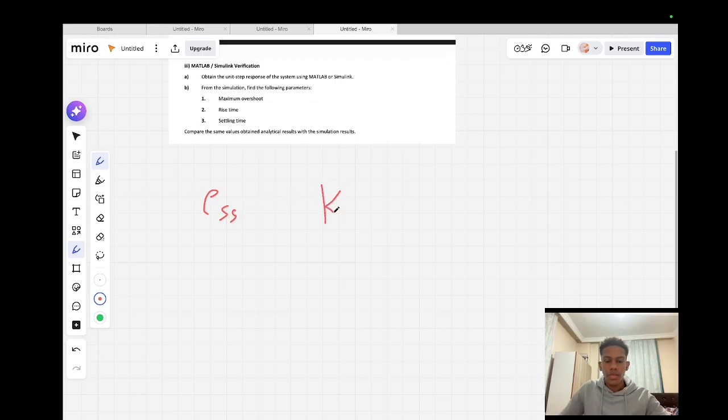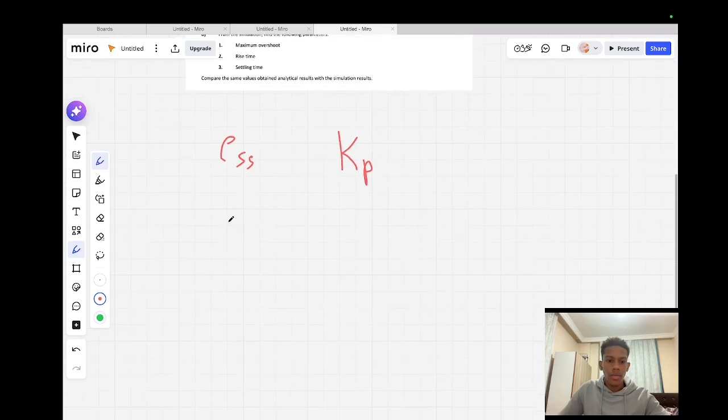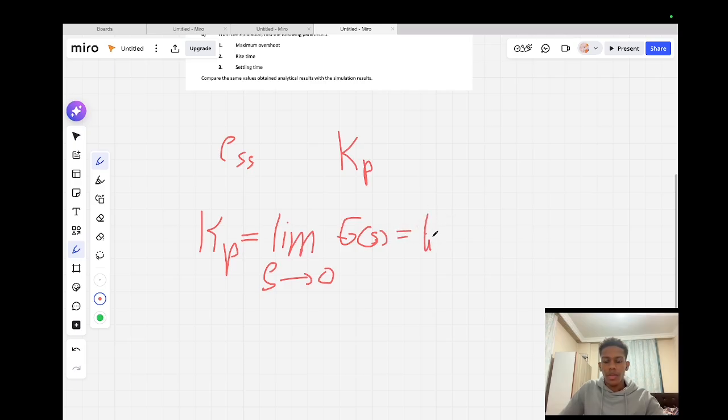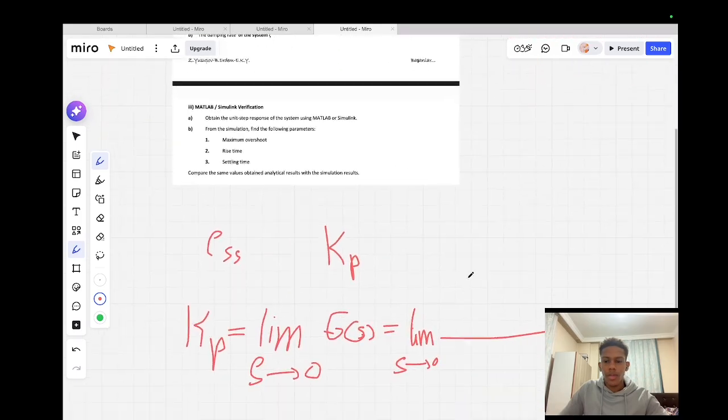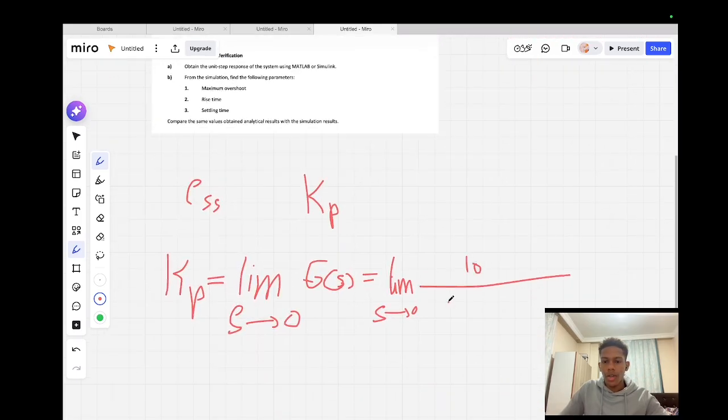Firstly, we need to find KP. KP equals the limit when s goes to 0 of G of s, equal to the limit of 10 over s multiplied by s plus 5.